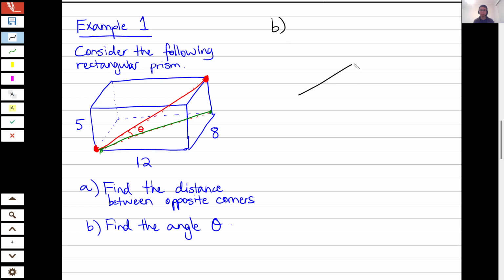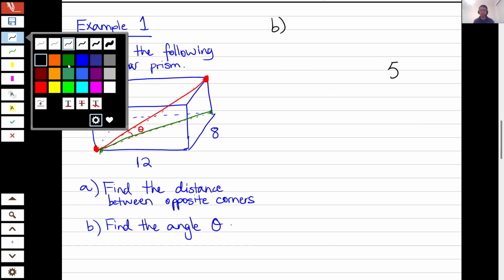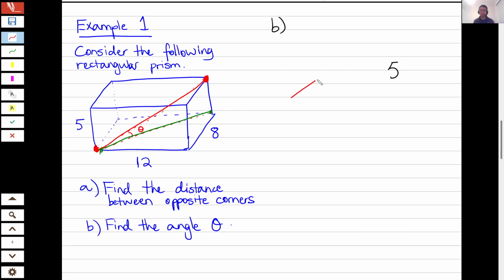Now I have this right-angled triangle. The height was 5, so maybe I'll color code it just to make it even clearer. The hypotenuse was red, the base was green, and my height was 5, which I'll put in blue. And it's a right-angled triangle.